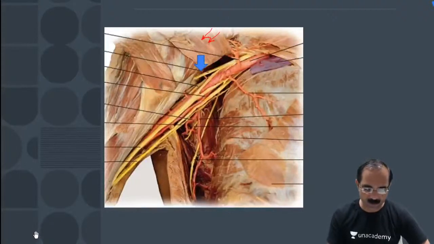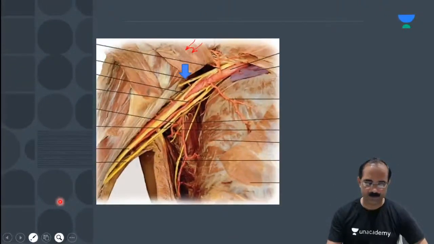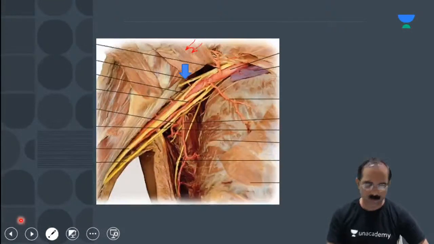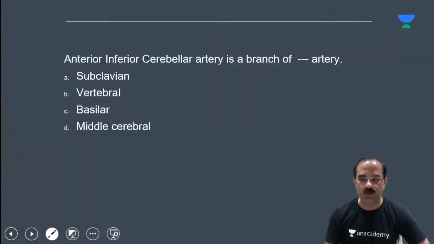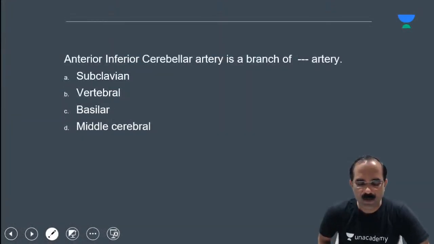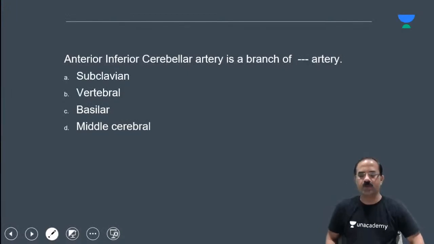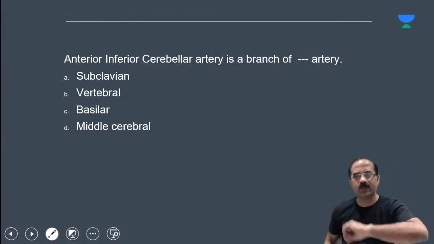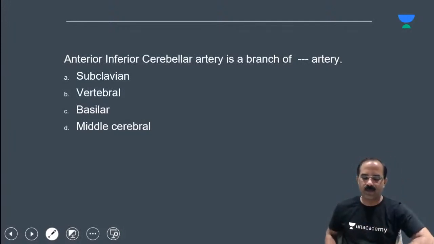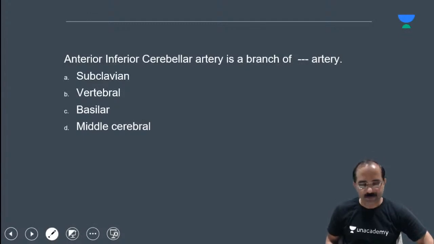We'll go to the next MCQ. Students, answer this. Anterior inferior cerebellar artery is a branch of? Come on, the last MCQ of the day, a very important topic.